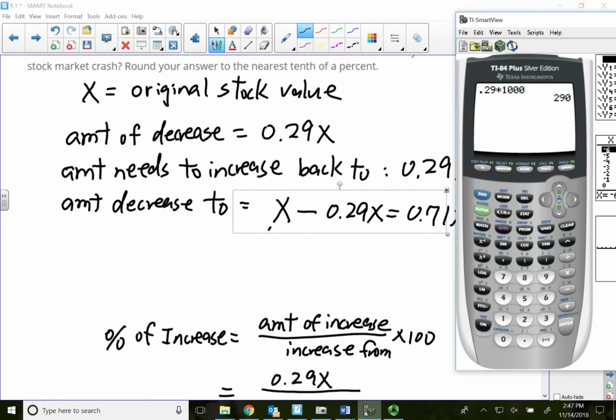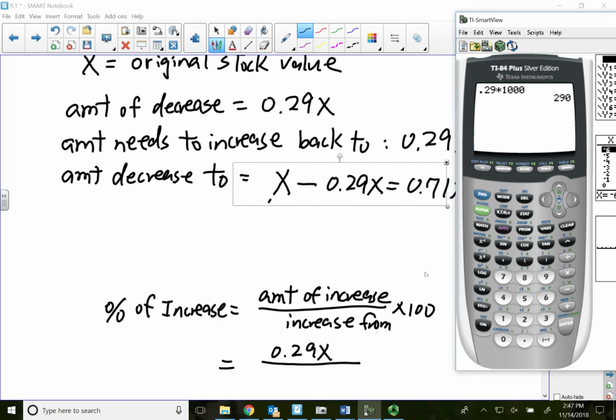Using the $1,000 example, if my original stock value was $1,000 and I lost 29%, I lost $290. That same $290 is what I need to increase back. But what am I increasing from?